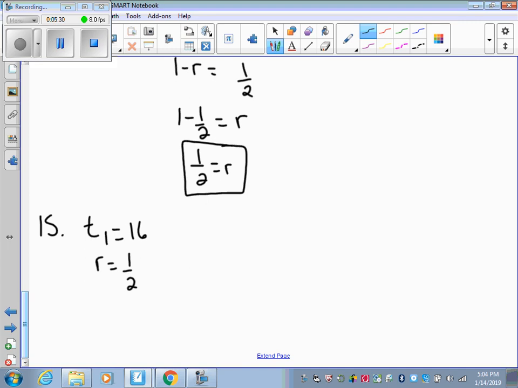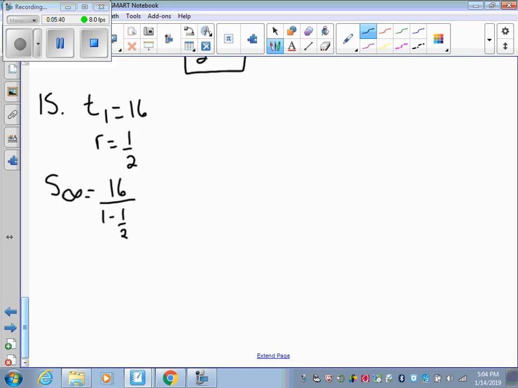So we solve this just as if it's a normal infinite series. First off, 16 divided by 1 minus 1/2. So you get an infinite sum of 32. However, we can't just end there because that's just calculating the heights of the ball. Remember, this is made up of upward and downward bounces.